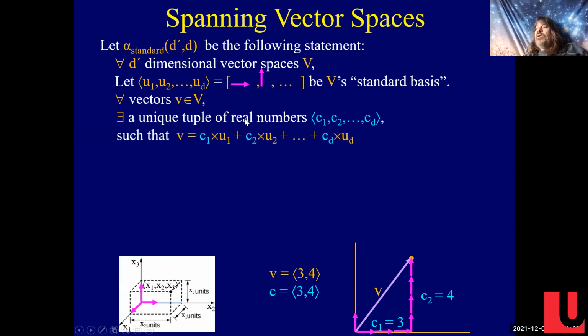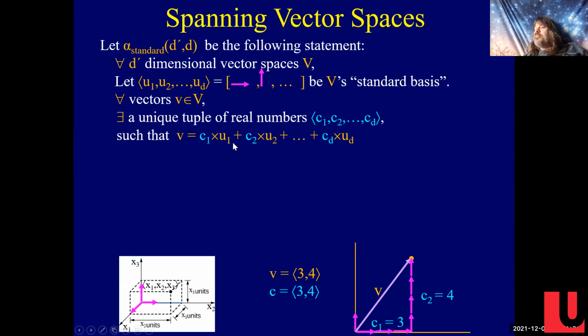What's true about those unique coefficients is that you take a linear combination of your basis vectors, and it gives you the vector that you want, right? So everybody kind of get what the statement is?